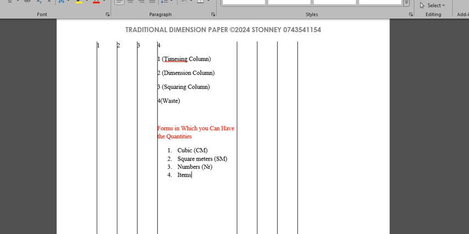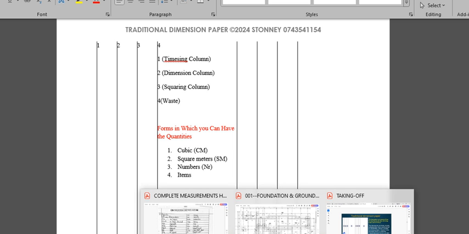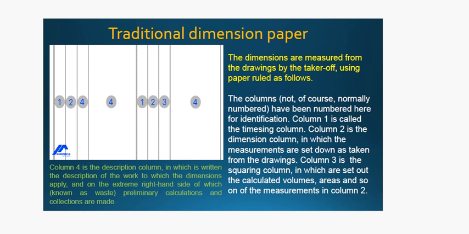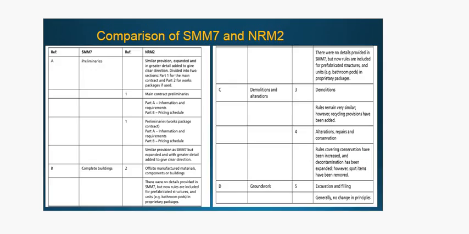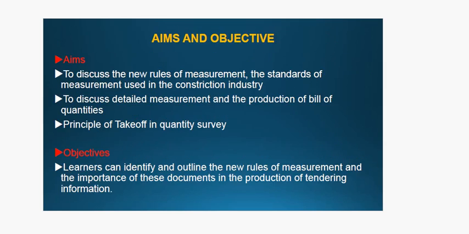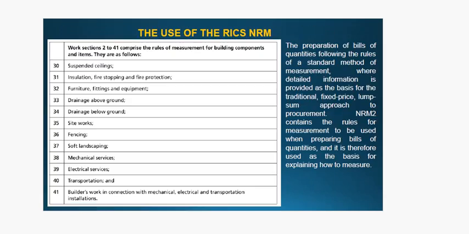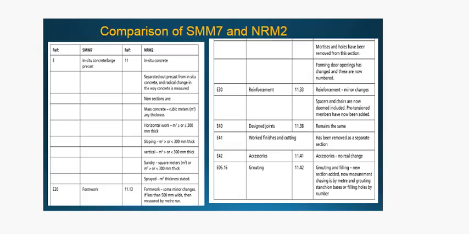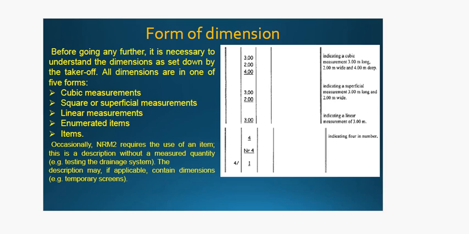So there is a fifth one. We have cubic meters, square meters, numbers, items, and let's see what we are missing out. Just a minute. What we are missing as the fifth item should be linear meters.